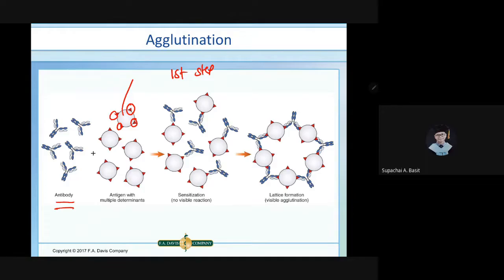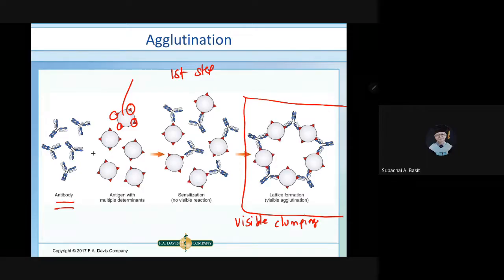And then the second step, there is now a lattice formation. So in lattice formation, you'll be able to see visible agglutination or visible clumping of the antigen. Okay, so that is agglutination reaction.